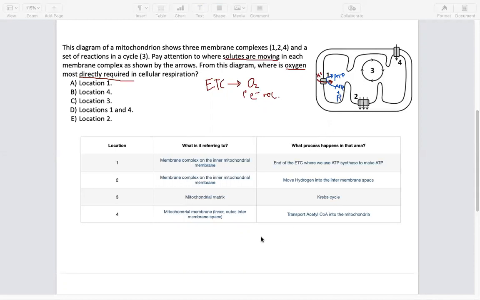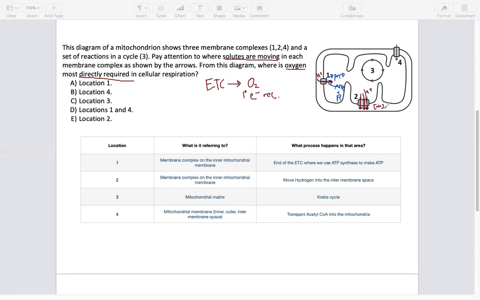In this case, with number 2, if we're looking at that one, we know that what's getting pumped out, like we said in our table here, is hydrogen. So we have hydrogen here, and we're moving it outside, into this intermembrane space, and we're creating that hydrogen gradient, right? Where the intermembrane space has the high concentration of hydrogen.